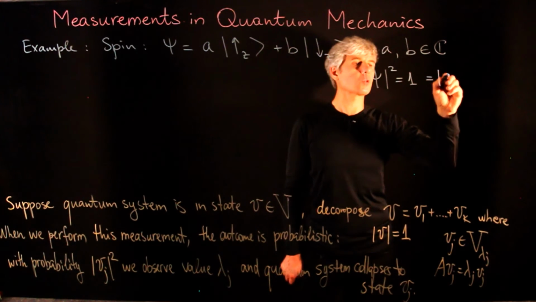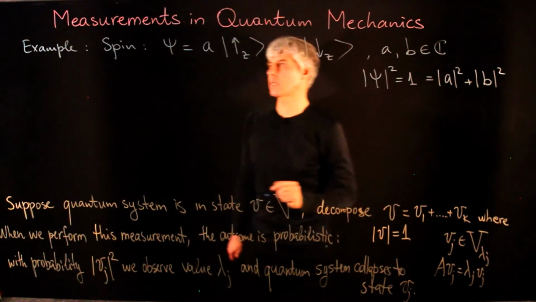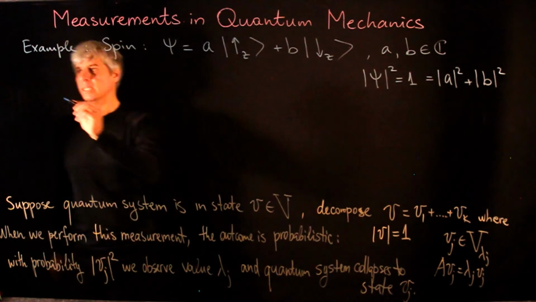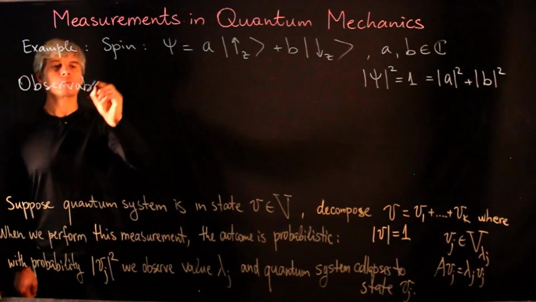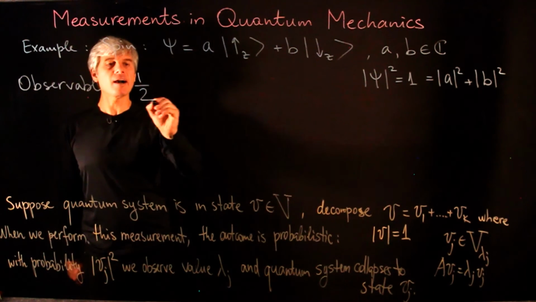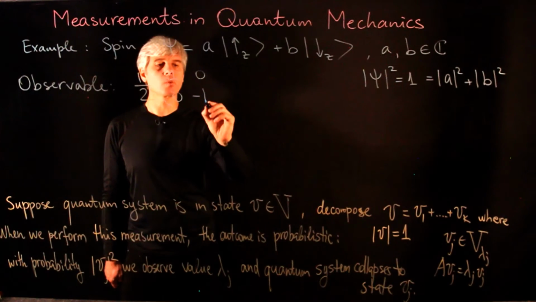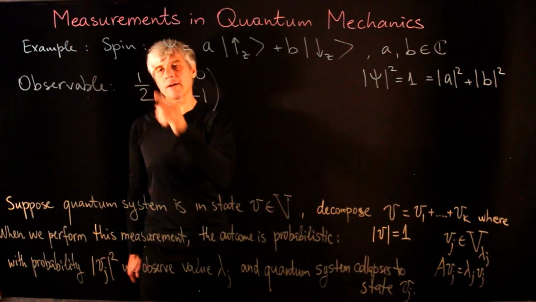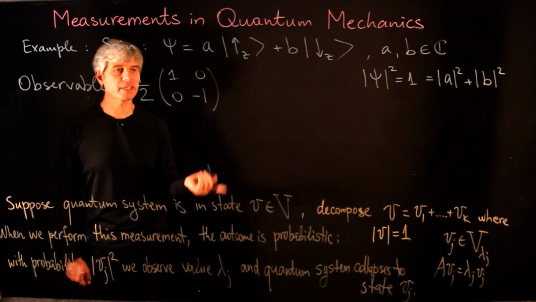So this means that the norm of A squared plus the norm of B squared is equal to 1. Now, what is the observable here? So the observable is 1/2 of the matrix (1, 0; 0, -1). And this 1/2 is because physicists like to say that the spin of an electron is plus 1/2 or minus 1/2.